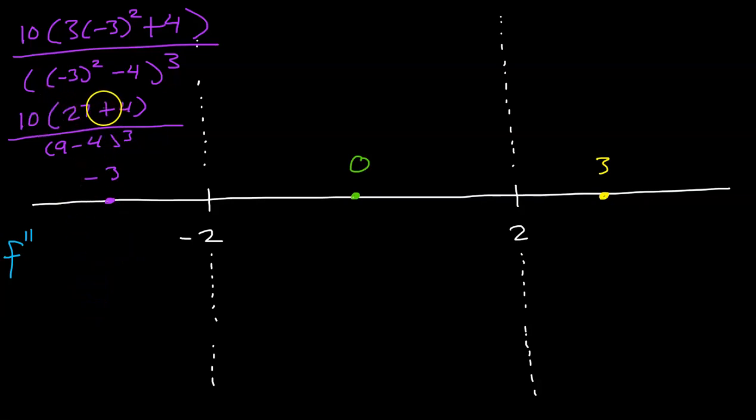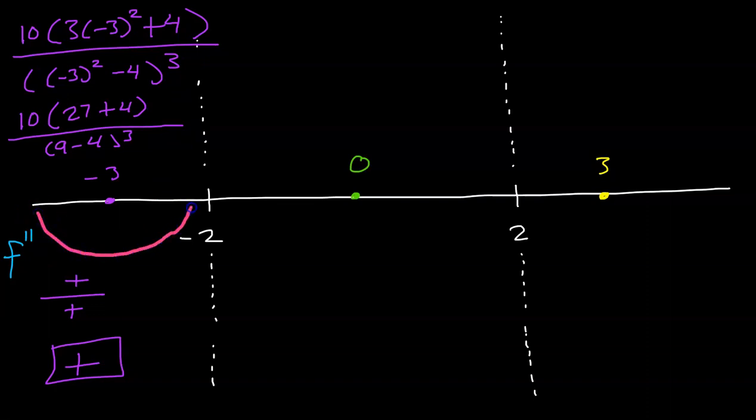So in the numerator, everything is positive. So I'm going to have a positive numerator. In the denominator, 9 minus 4 is 5. That's positive. Okay, so that means we're dealing with a positive situation. And when the second derivative is positive, that tells you that the function is concave up in that interval. So it's going to be concave up in here.